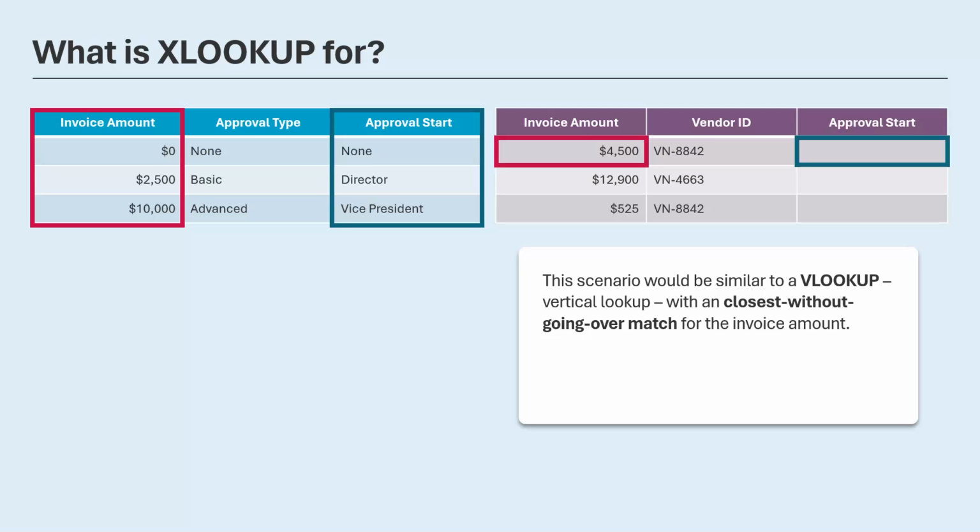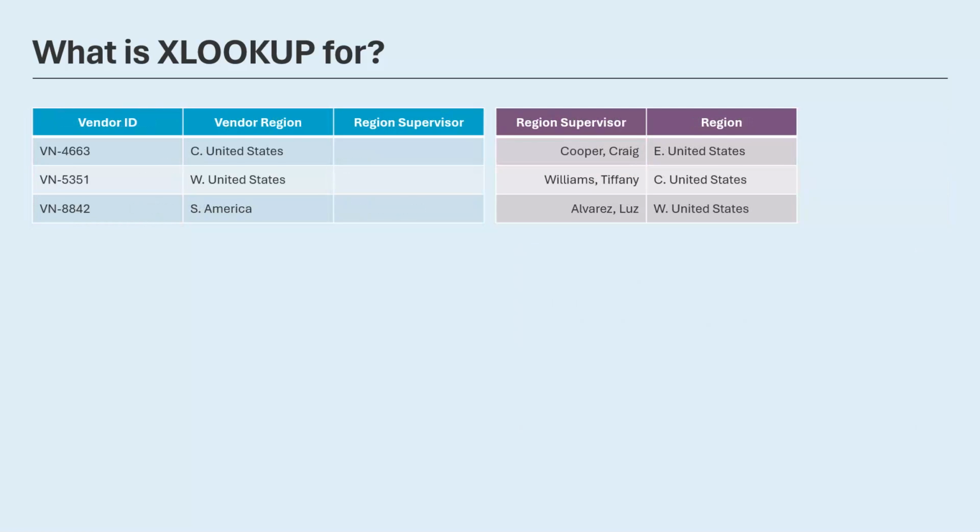But a scenario that VLOOKUP couldn't have solved, and people had to jump through extra hoops for, is something that looks like this one. Let's take a second, and I want you to see what the problem is here. So we know that we want to find the vendor region of Central United States from the left-hand table, and we want to find it somewhere in the right-hand table.